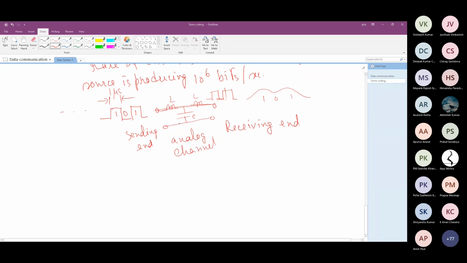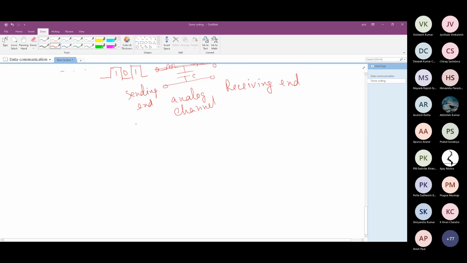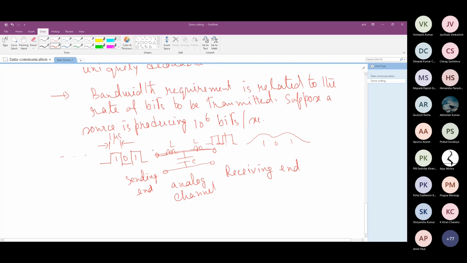Now this is the physical bandwidth of the cable or the wires that I am explaining. Now the bandwidth requirement may also be given by other devices that are connected to this end.